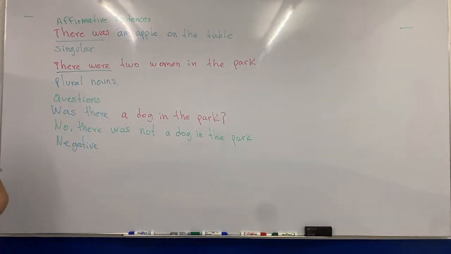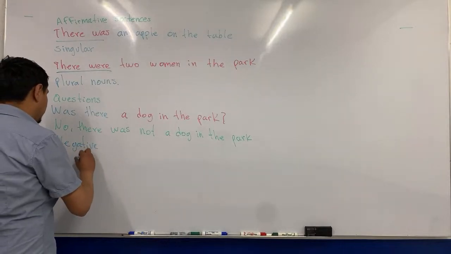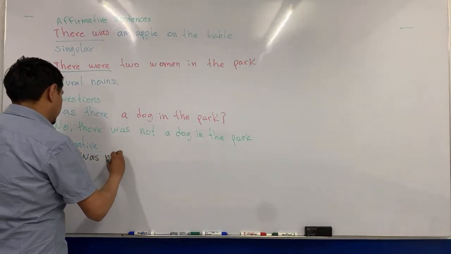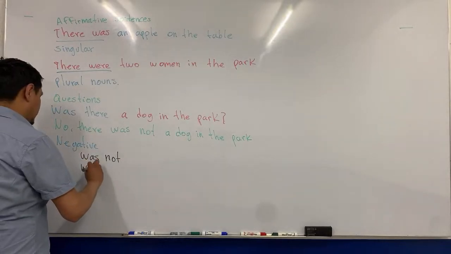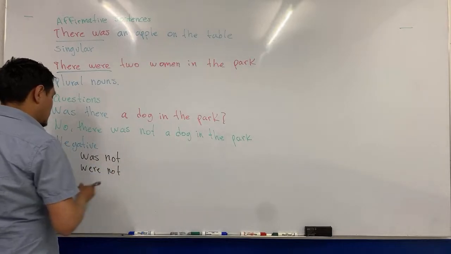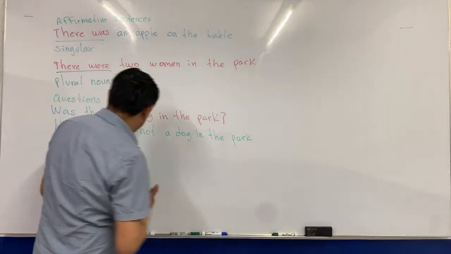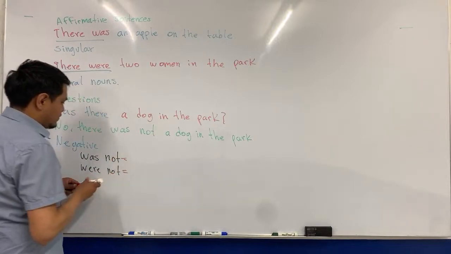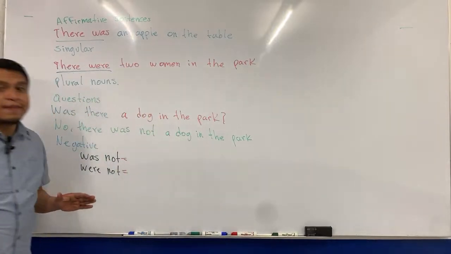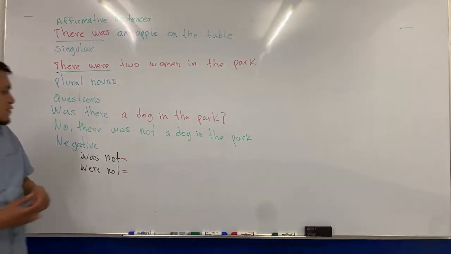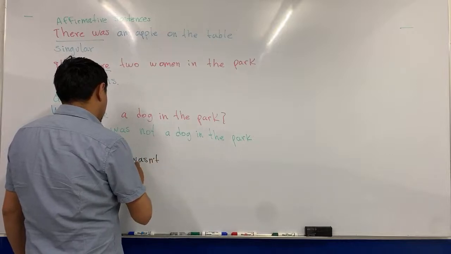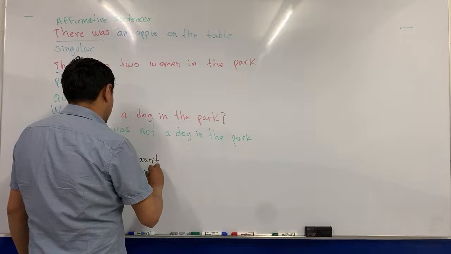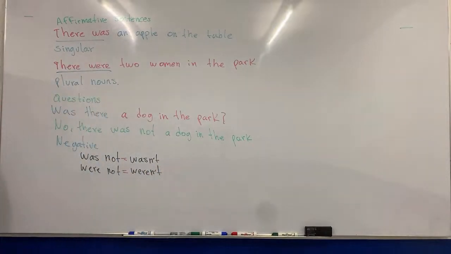Check this: was not, were not, under construction are wasn't, weren't. Wasn't, weren't. Right? Please take a photo of this one.